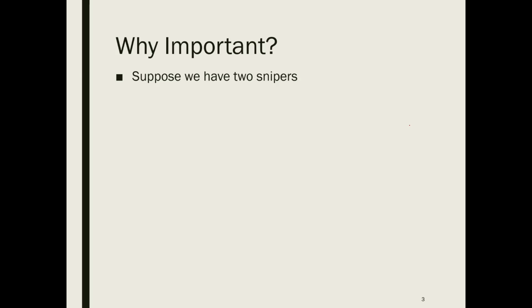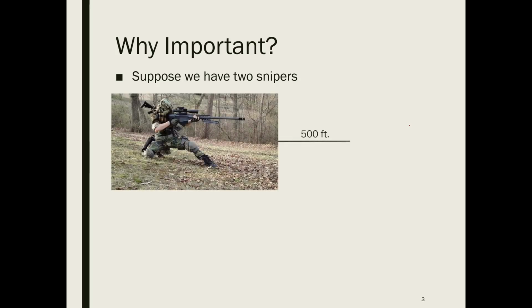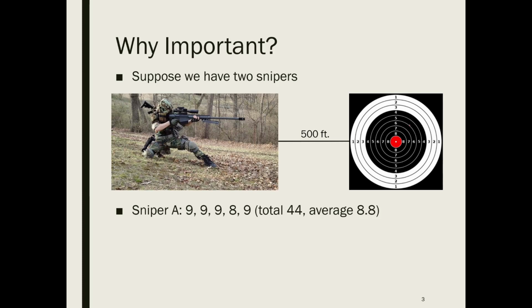So the example here, I use a sniper. Let's say we have two snipers. One sniper has a training score like 9, 9, 9, 8, 9. So if you combine them together, the total will be 44. And if you divide it by 5, the average will be 8.8, which is a good score, right?